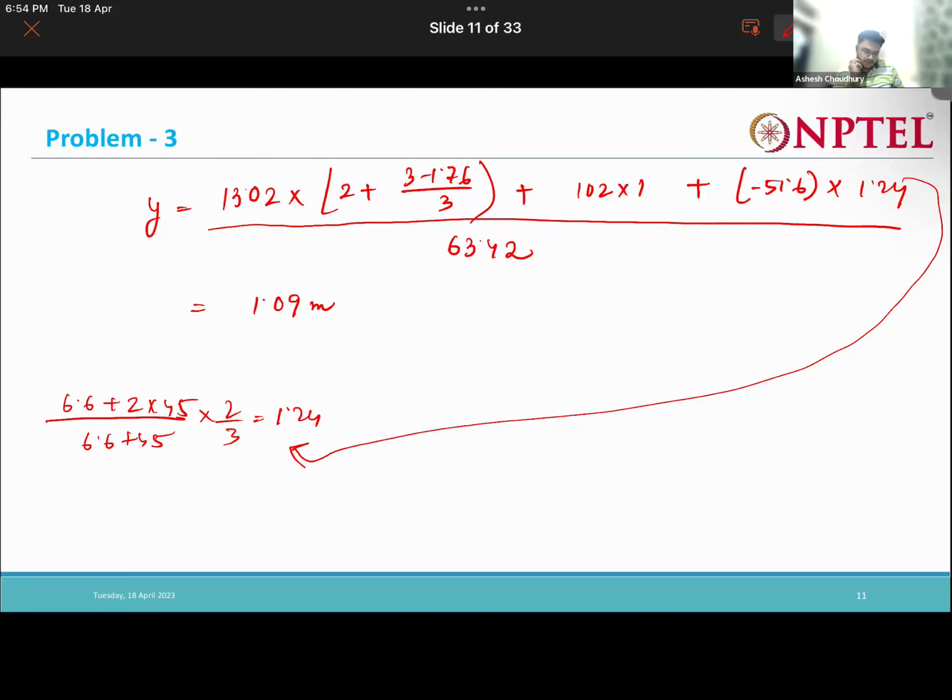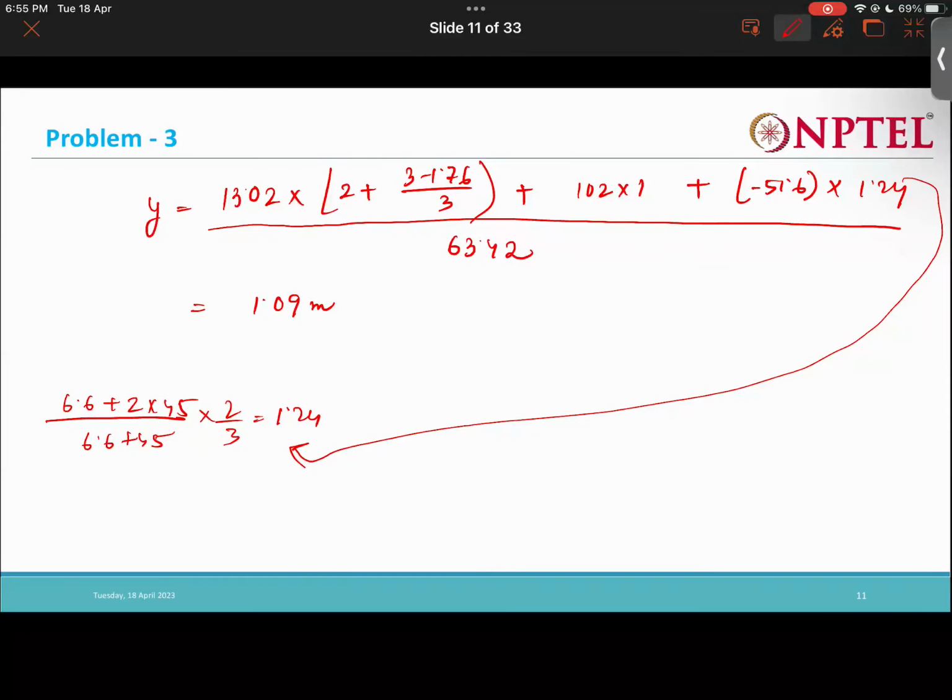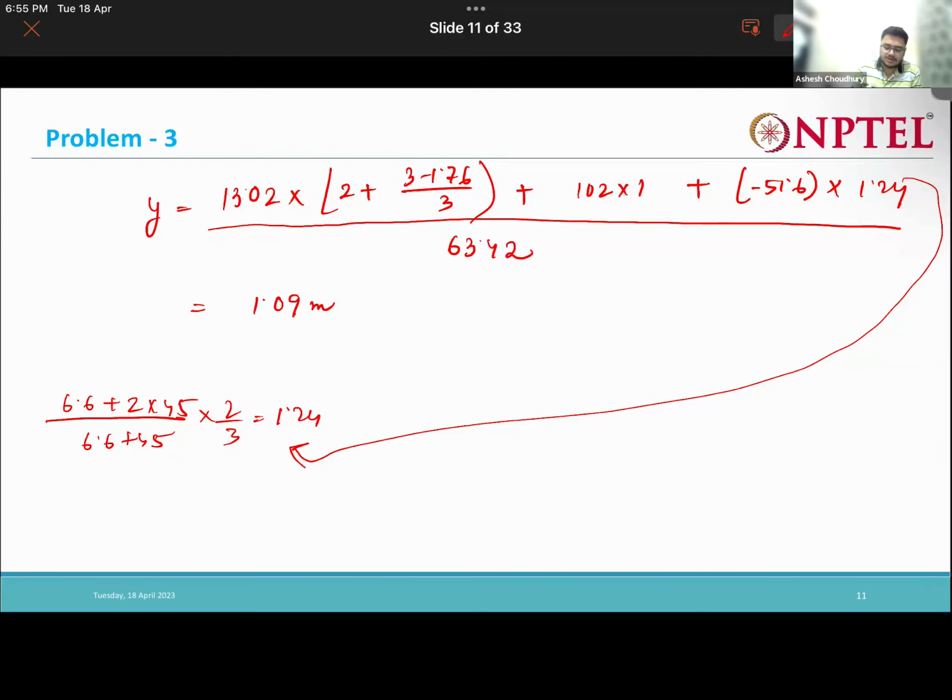Check the multiplication once. I am also getting 1.09.